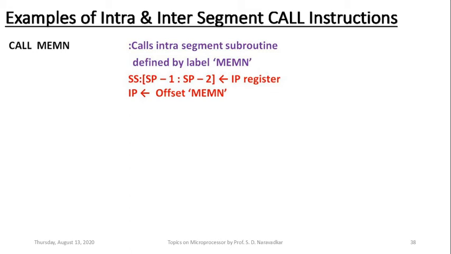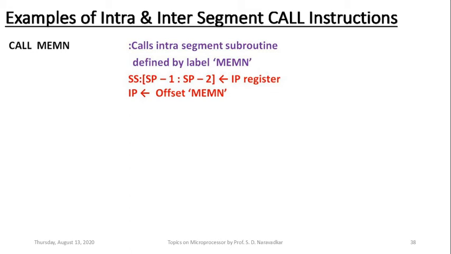You can observe just below that two steps are shown in red color. The first step is copying the return address onto the stack. We know that in case of Intel's processor, whenever a subroutine is called, the contents of the instruction pointer is the return address. And the instruction pointer in the 8086 processor is 16-bit.